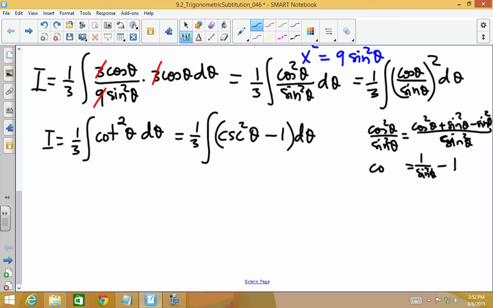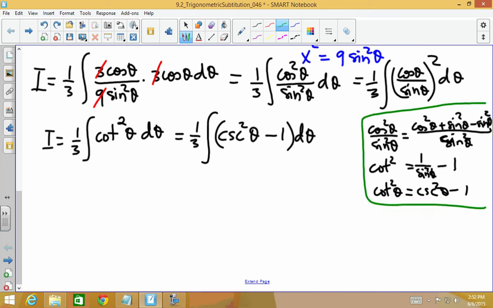That is cotangent squared. That means cotangent squared theta is cosecant squared theta minus 1, just in case you don't remember the rule.